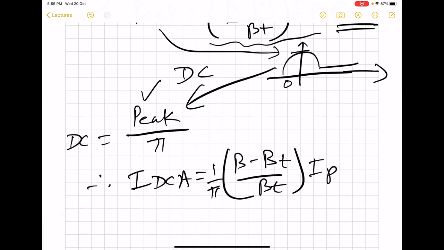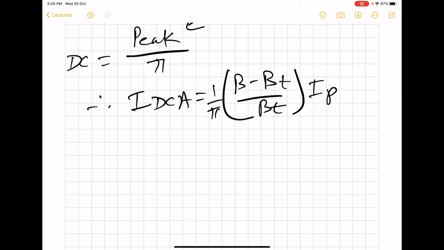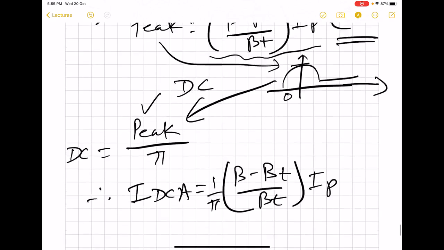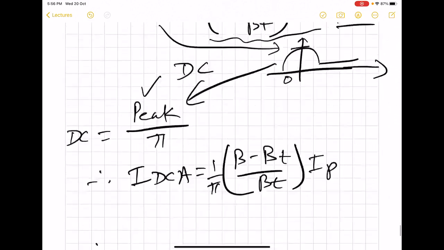So we now know the DC part, DC current from the auxiliary power amplifier. Therefore, for DC, auxiliary also, the drain is always going to be at VDD DC voltage because it is connected to VDD through RFC.